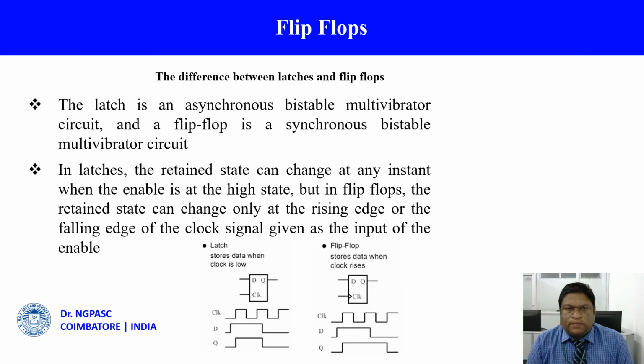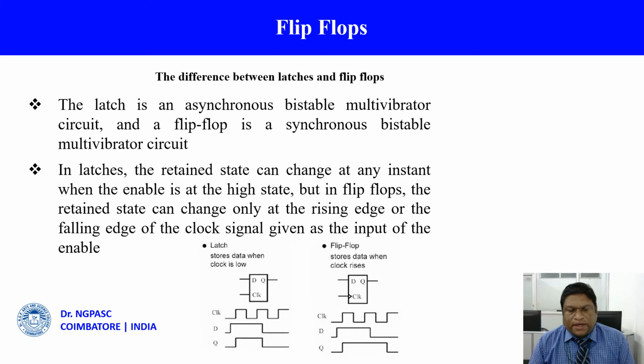Latches and flip-flops have the same logic circuits, but they vary by the use of clock pulses. A latch is an asynchronous bistable multivibrator circuit, and a flip-flop is a synchronous bistable multivibrator circuit. Here in the block diagram two different circuits are given.